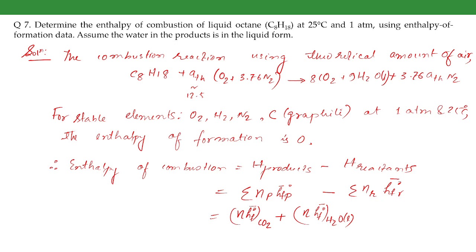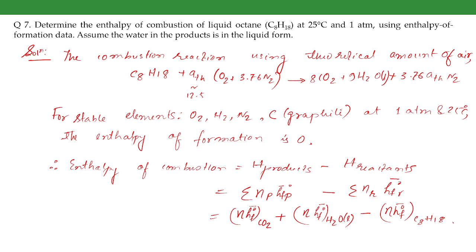Nitrogen will be 0, so we are not writing that. Minus, for the reactants, oxygen and nitrogen are both 0, so that will be only the liquid octane, that is moles times HF naught for liquid octane, C8H18.